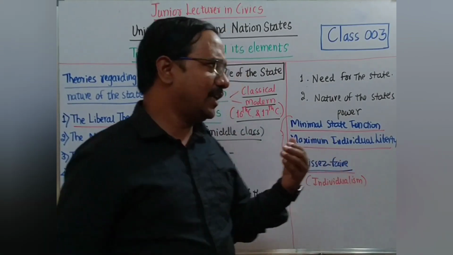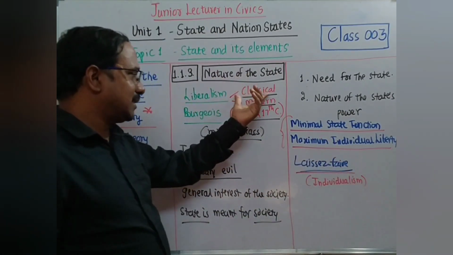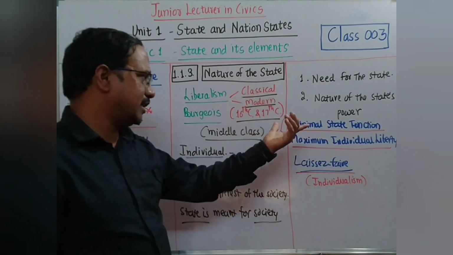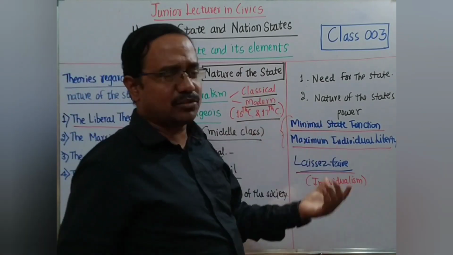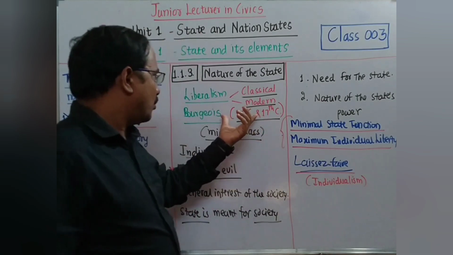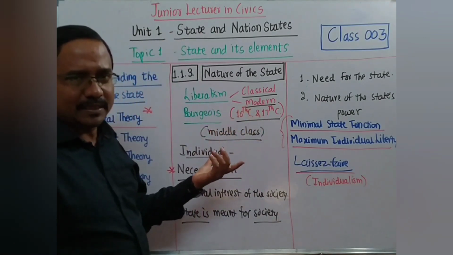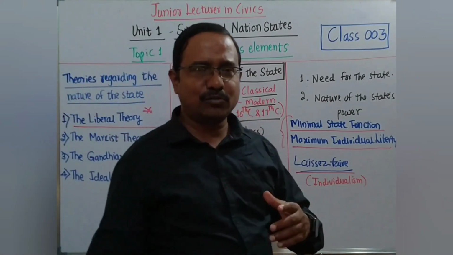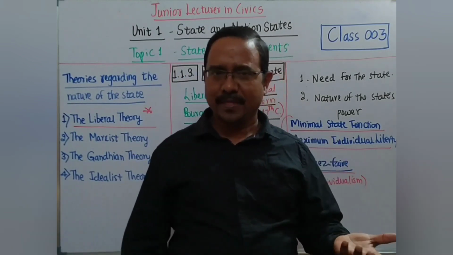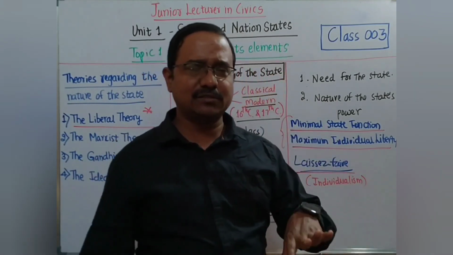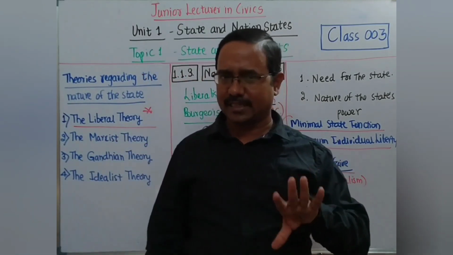In the earlier stage, classical liberalism, they have given much prominence to the individual and less prominence to the state. And in the modern liberalism, they have understood that they have to change their theory, but individual freedom, individual liberty, individual rights have to be accepted.